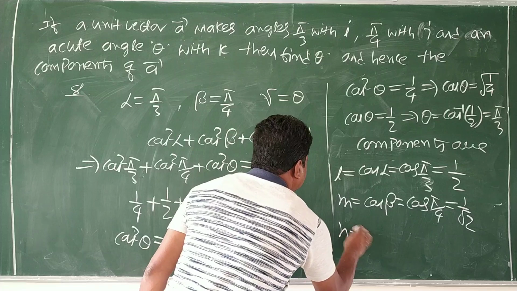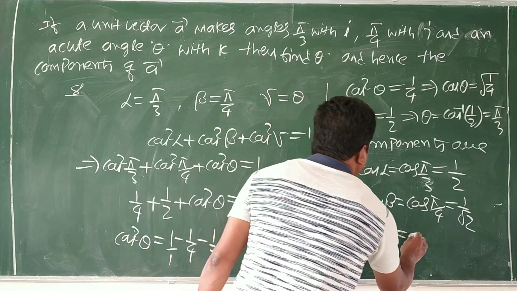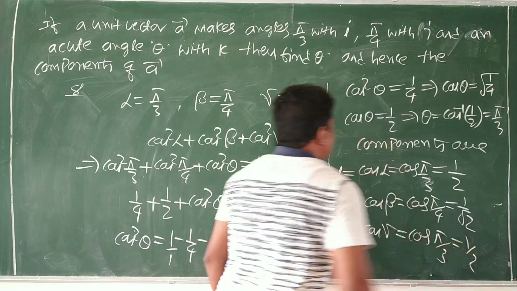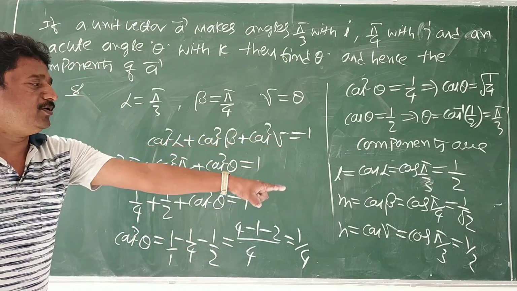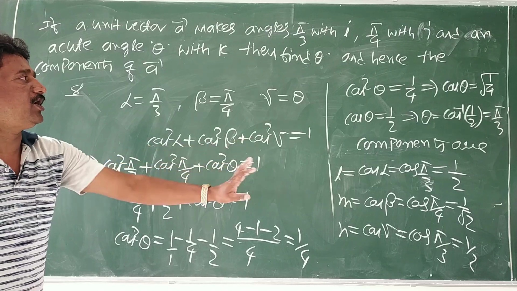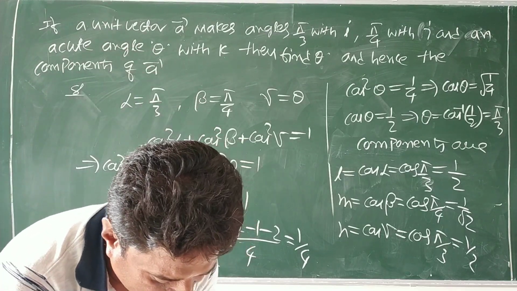N equals cos gamma, and cos of pi by 3 is 1 by 2. So the scalar components of vector A are 1 by 2, 1 by root 2, 1 by 2. These are the components. Now let's go for solving one more question, students.